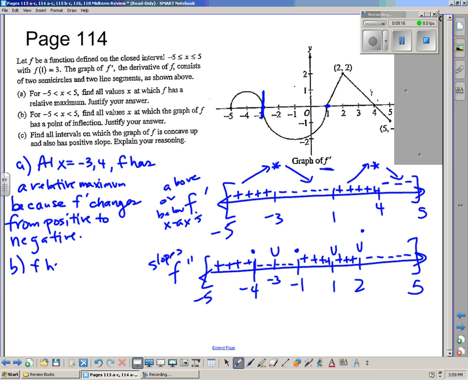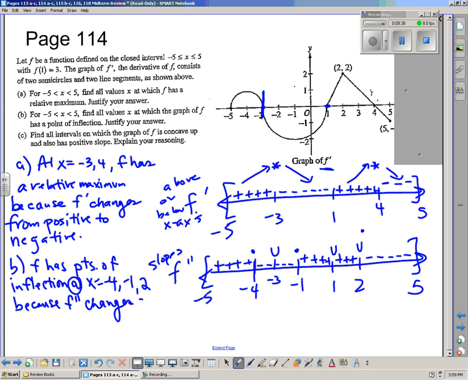So f has points of inflection at x equals -4, -1, and 2, because f double prime changes sign at these points.